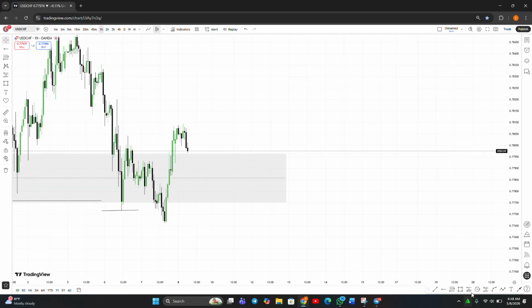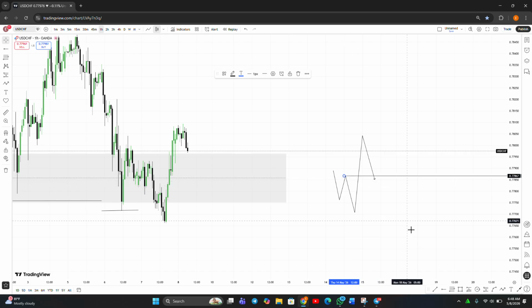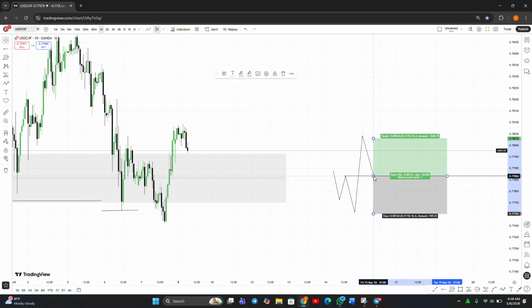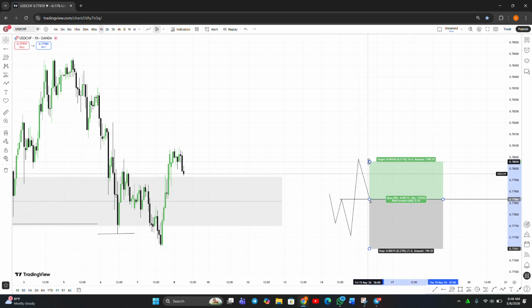Now my entry is always this: a stop hunt, and then a break of structure, and then a return to the breaker block. I just draw my line here, and then I wait for price to return there. When price returns there, I take my trade. That is always my entry model.